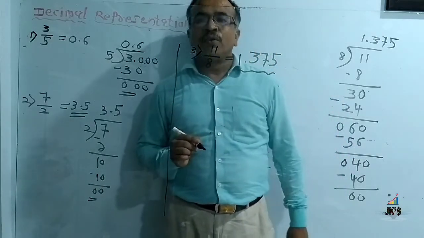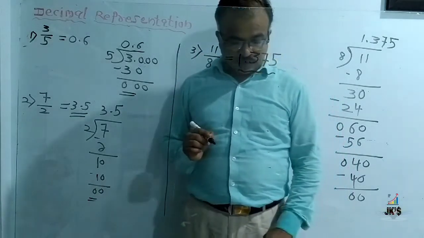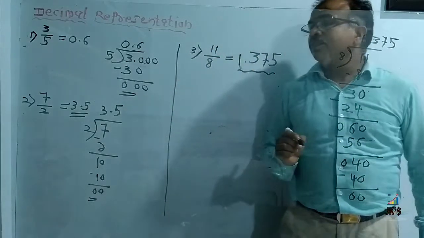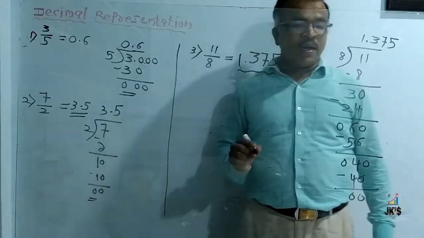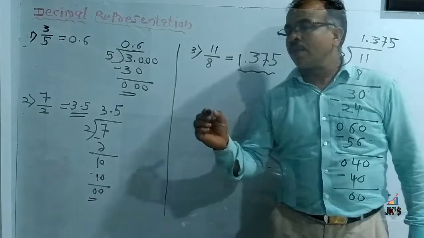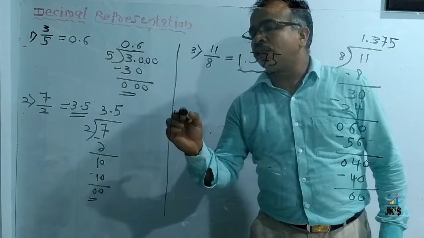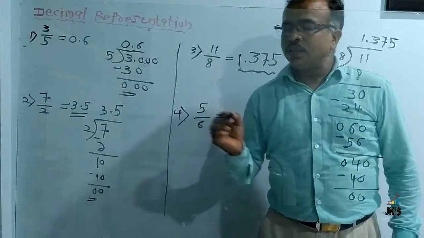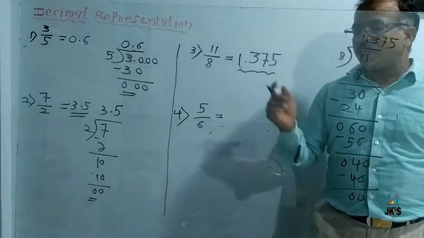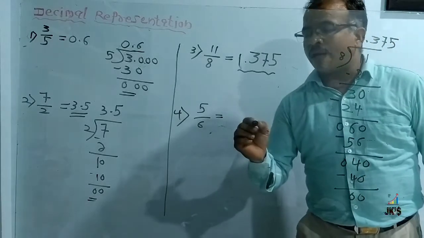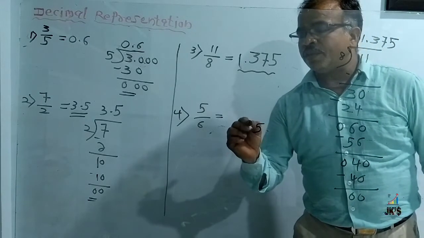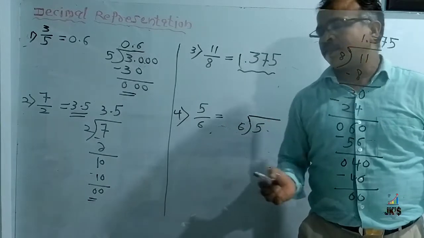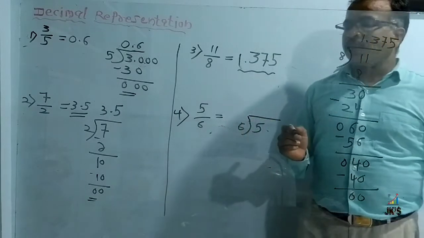Now we take another example, 5 upon 6. How can we convert this? 5 is divided by 6. 5 is smaller than 6, hence we take the decimal.